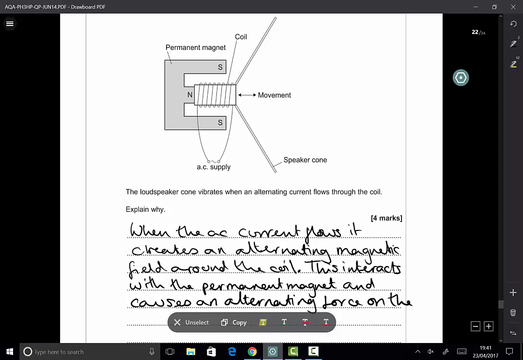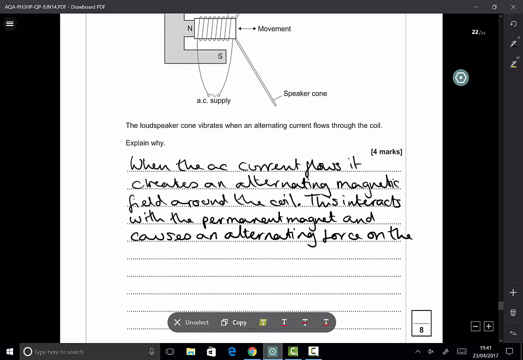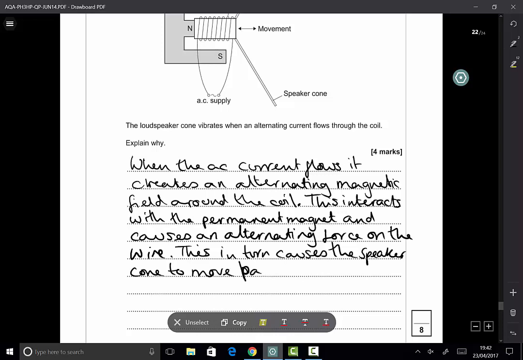On the wire. This in turn causes the speaker cone to move backwards and forwards.